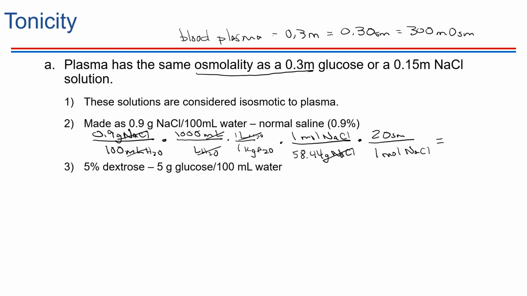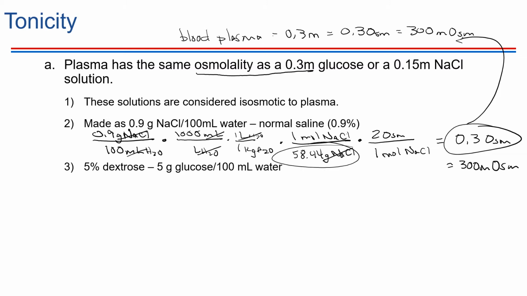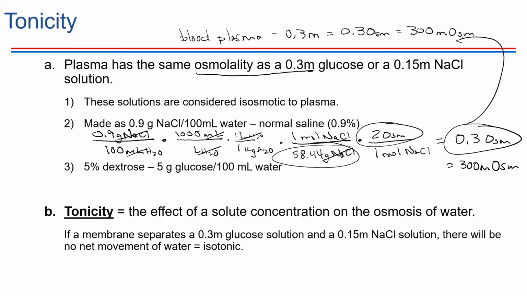When you multiply this whole thing out, you end up with 0.3 osmoles, which is exactly what we were looking for up here. That's the same thing as 300 milliosmoles. So you should be able to do the same thing with glucose. Start with your 5 grams per 100 milliliters and work your way through. You're going to have to really concentrate on the molecular weight and the osmoles per mole, and then you should be good.